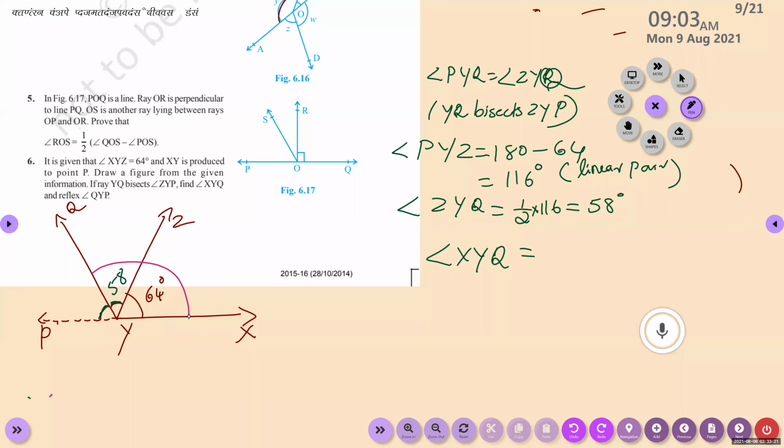XYQ is 122. How? 58 plus 64. 122 degrees. Correct. So we got one answer.